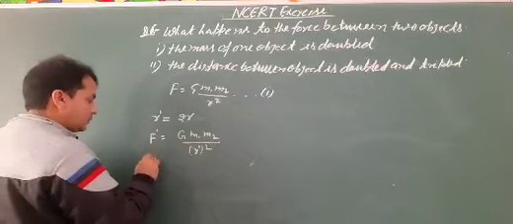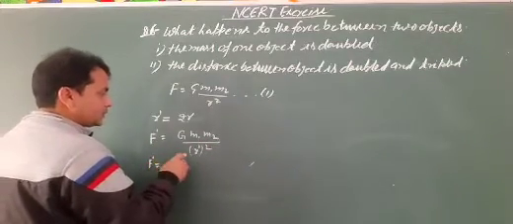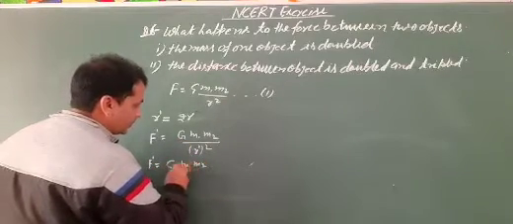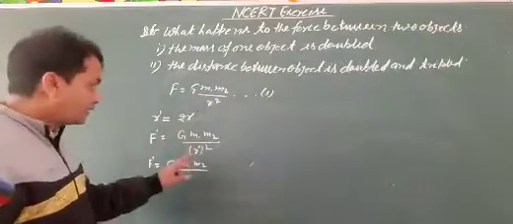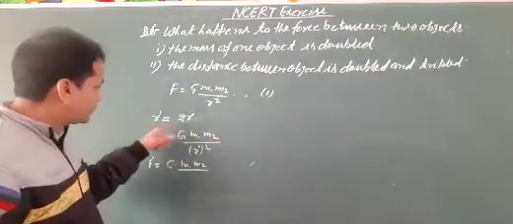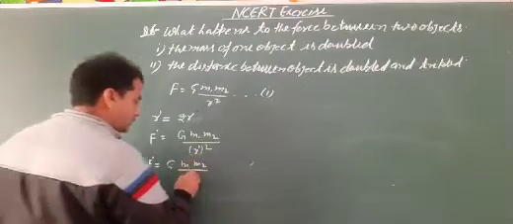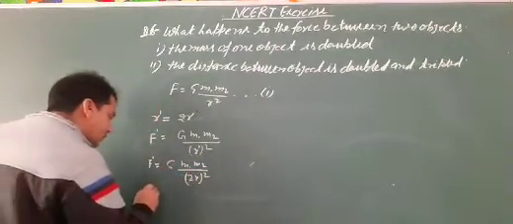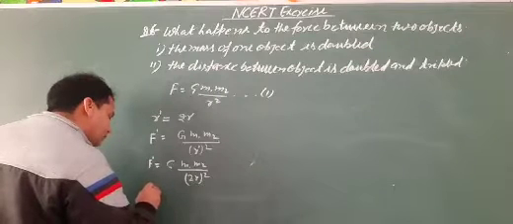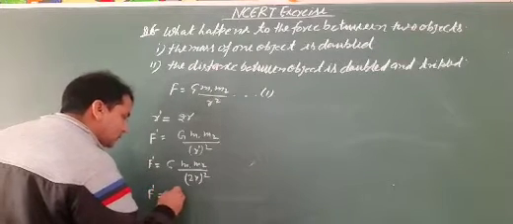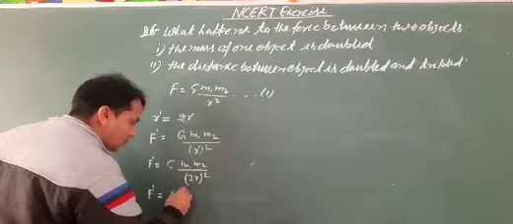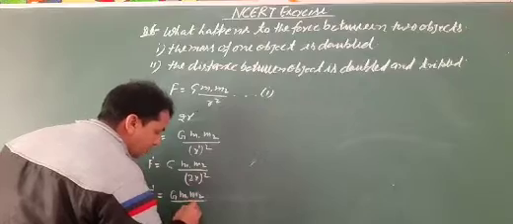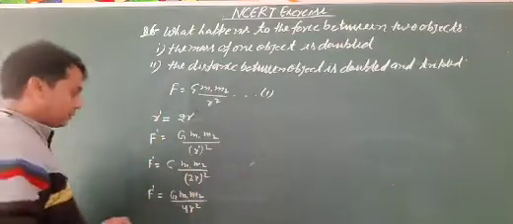In place of r dash, put the value 2r, so F dash equals G m1 m2 by 2r square, which is G m1 m2 by 4r square.